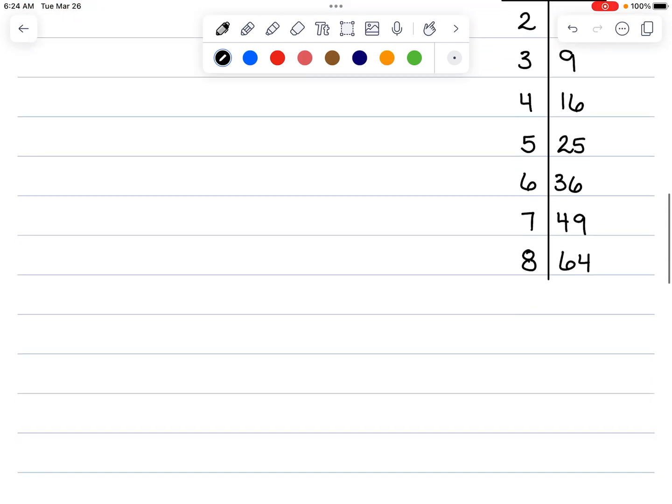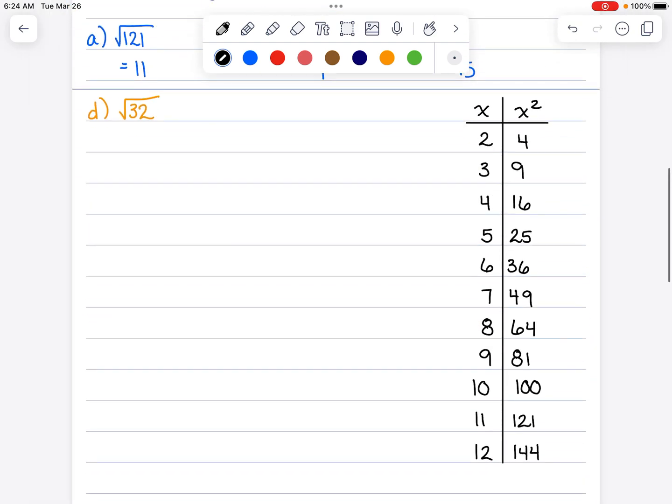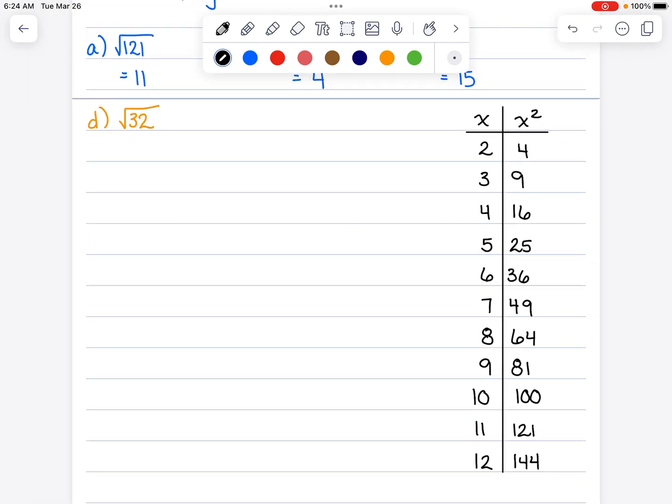Okay, I'm going to go a little bit further with my table. 9 squared is 81. 10 squared is 100. 11 squared is 121. And 12 squared is 144. Now I could keep going forever, but for what we're doing here, these perfect squares are going to be plenty.